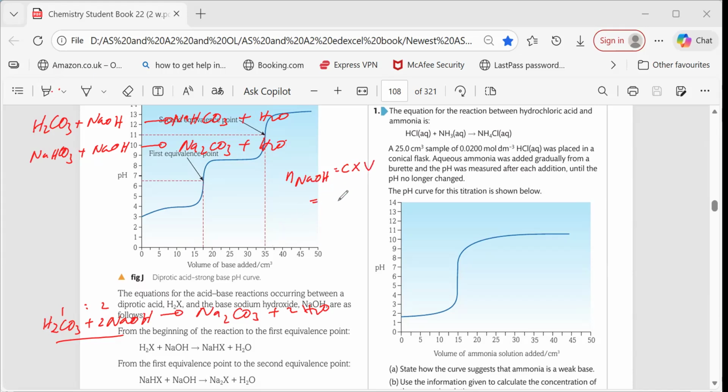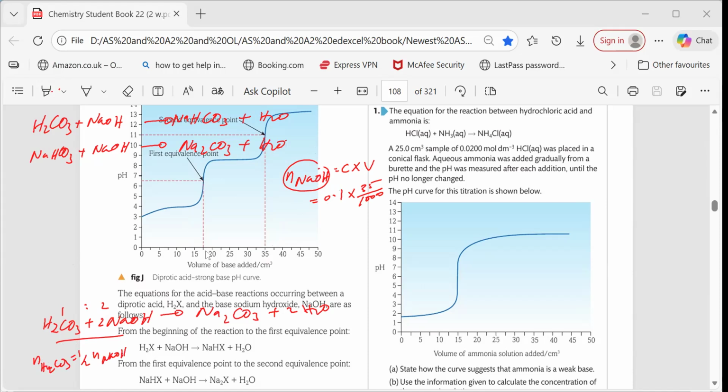The concentration, for example, is 0.1 times the volume, which is 35 over 1,000. So you get the number of moles of sodium hydroxide. You substitute directly here. You get the number of moles of carbonic acid, which is half this value, half the number of moles of sodium hydroxide, and from which you can get the concentration of the carbonic acid.